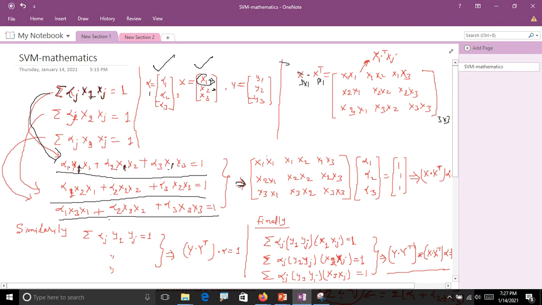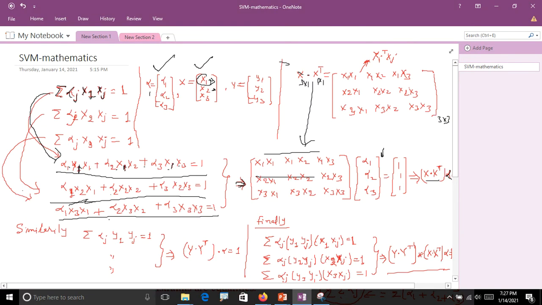So if you take first row, first column and multiply, you will get the first equation. Similarly, if you multiply second row and first column, you will get the second equation and so on. So finally it is, and this came from here. So it will become x into x transpose into alpha.